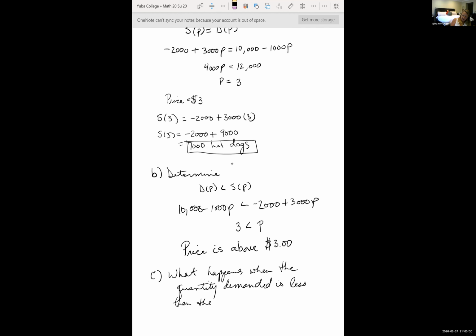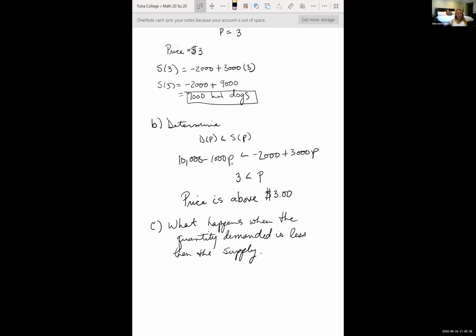If you were selling hot dogs and people were buying fewer hot dogs than what you had to supply, what would you do to your price?